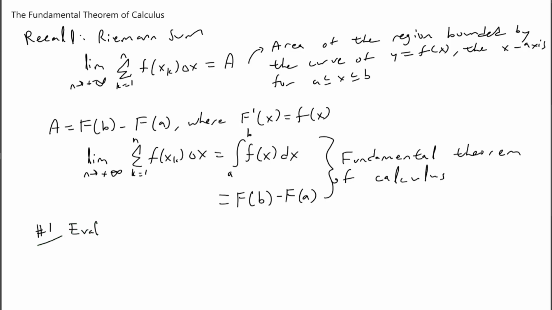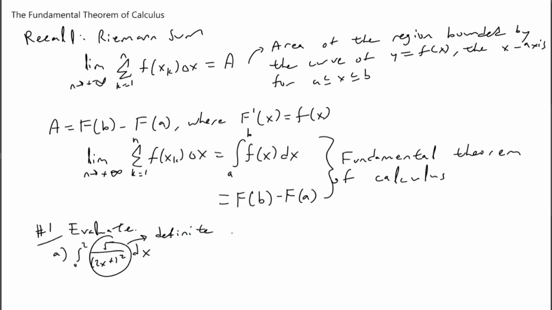So let us start off with a quick example here. Evaluate the integral from 0 to 2 of 5 over (2x plus 1) squared dx, where this is a definite integral.